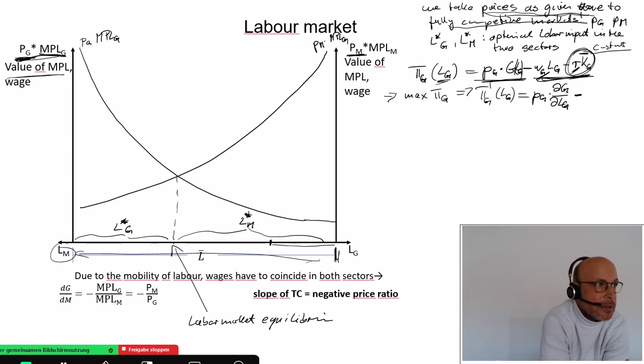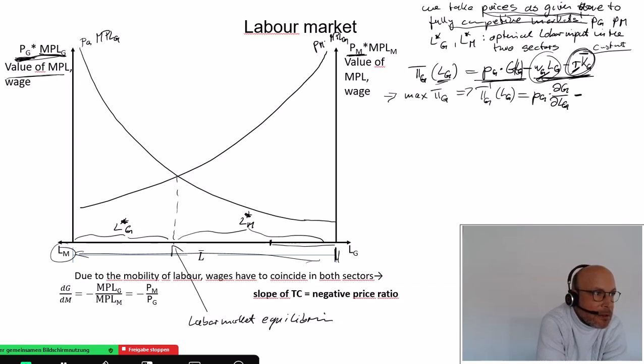The derivative of a constant is zero. Okay, we don't have to care about the capital part. What is with the labor part? A constant times the variable.